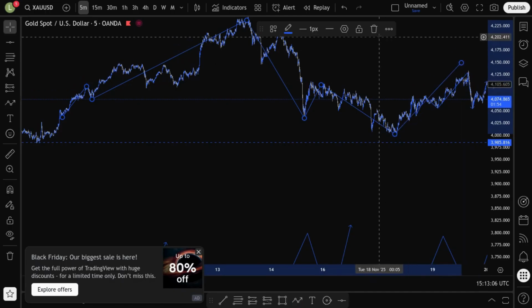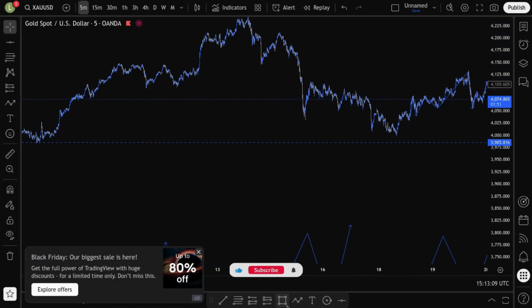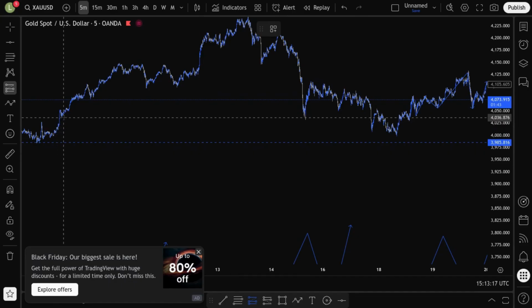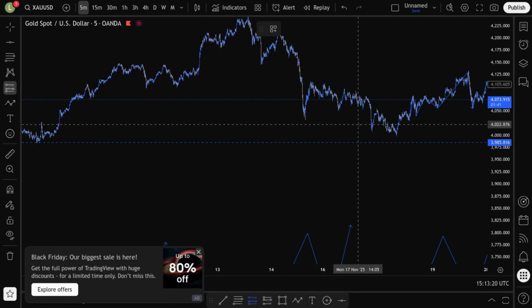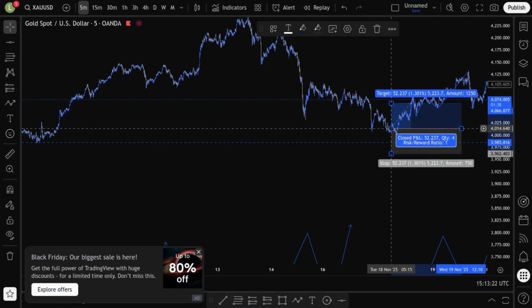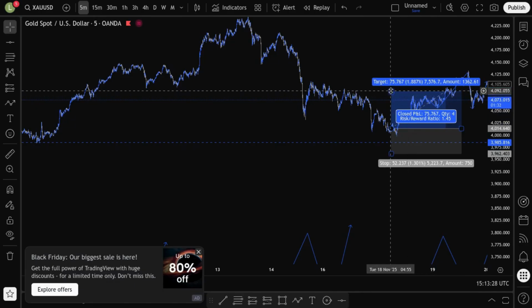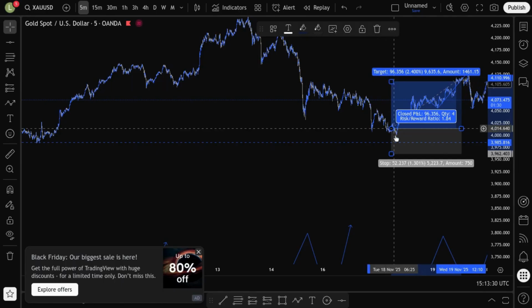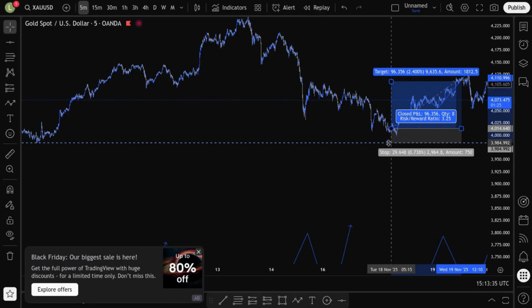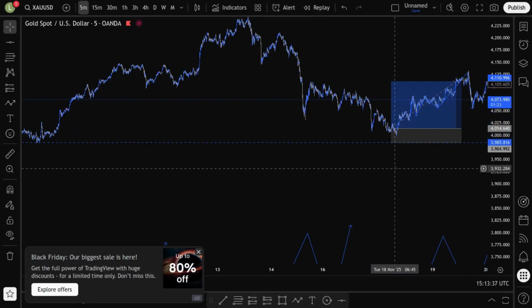What I'm trying to say is, if I was in this trade and I know that's liquidity, and I enter a sell around here, and I get a realistic TP at this previous high, I will always make sure that my RR is 1:3. If it's 1:3.25, I'm okay with this.